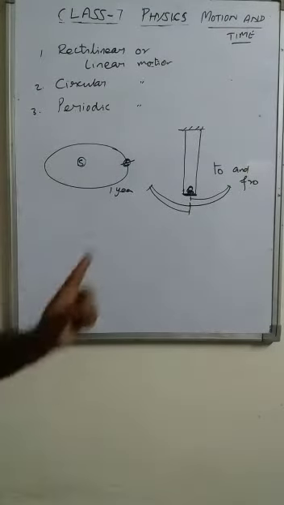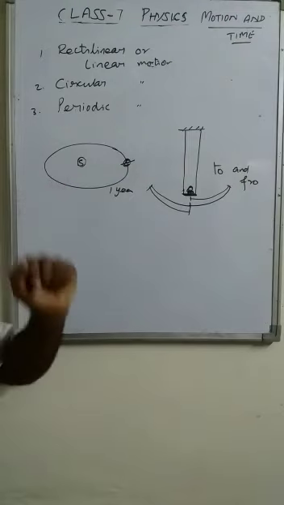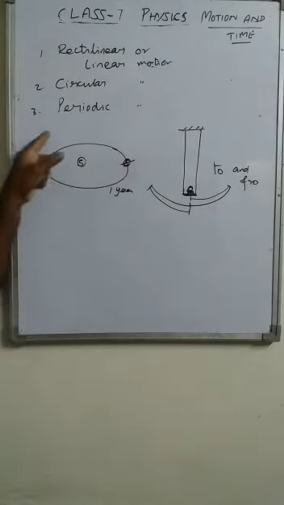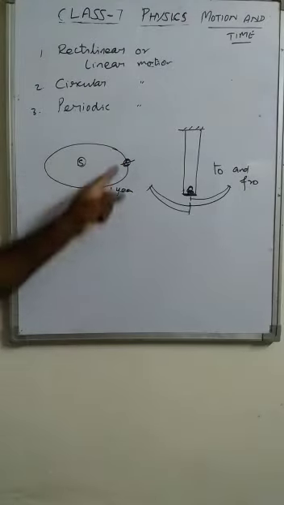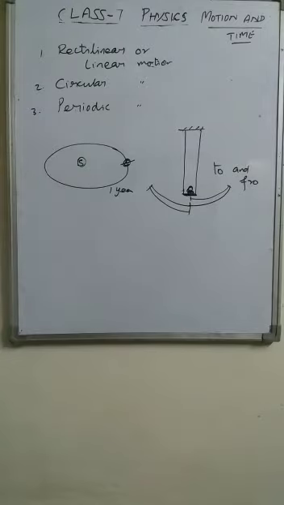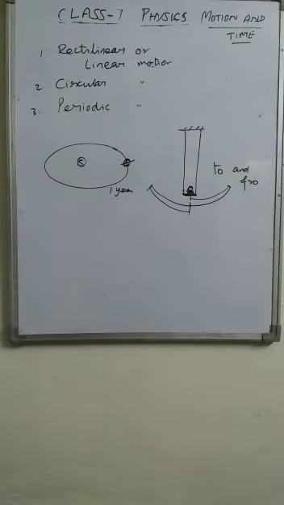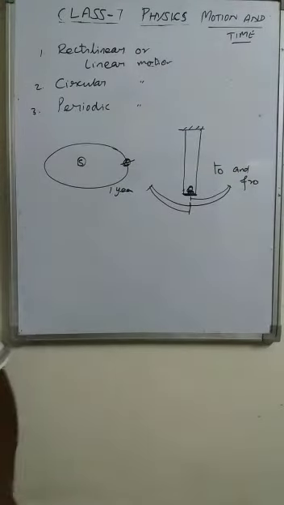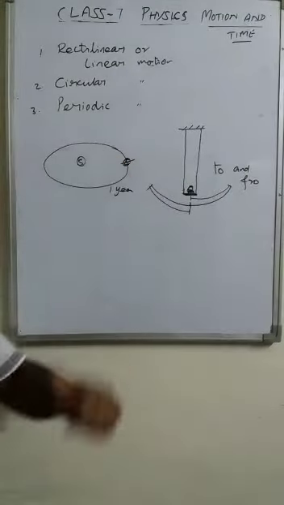But in this case, the earth revolves around the sun. This is not happening like that. It moves along this path, that is the orbit, and then it completes one revolution. Here to and fro motion is not taking place. Since both are taking place periodically at regular intervals of time, both are called periodic motion.